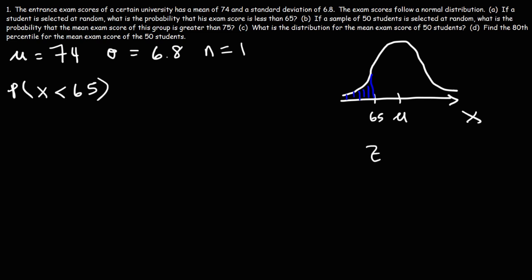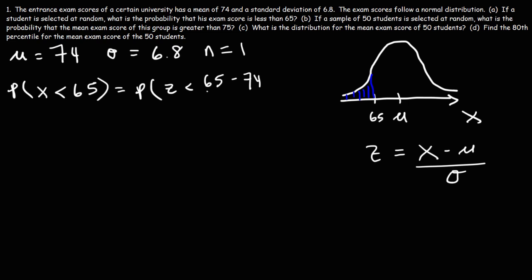So we're going to use this formula. Z is x minus mu over sigma, the standard deviation. So this is going to be the probability that z is less than x, which is 65, minus mu, that's 74, divided by the standard deviation of 6.8.